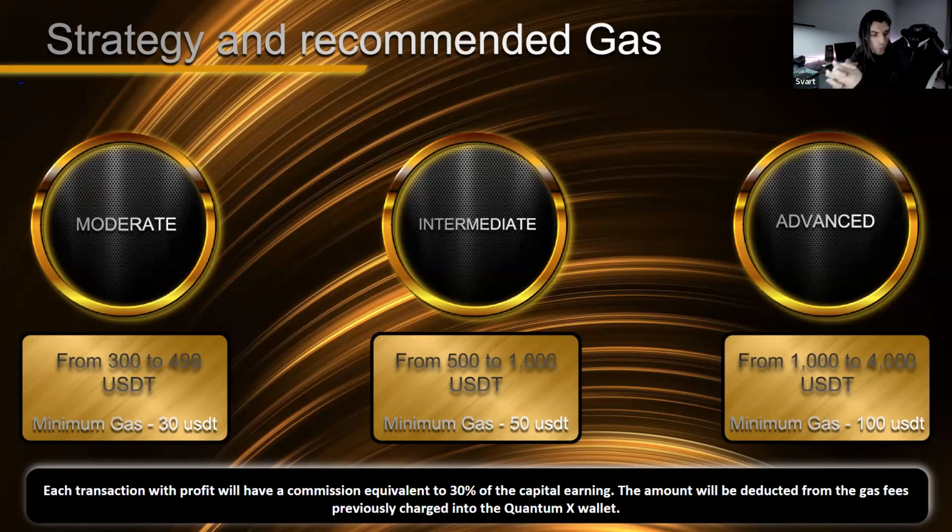Each transaction with profit will have a commission equivalent to 30% of the capital earning, as we said before. For example, if they sell a coin with $100 of profit, they will take 30% of this $100 from our gas wallet. It will be deducted from the gas fee previously charged into the Quantum X wallet.